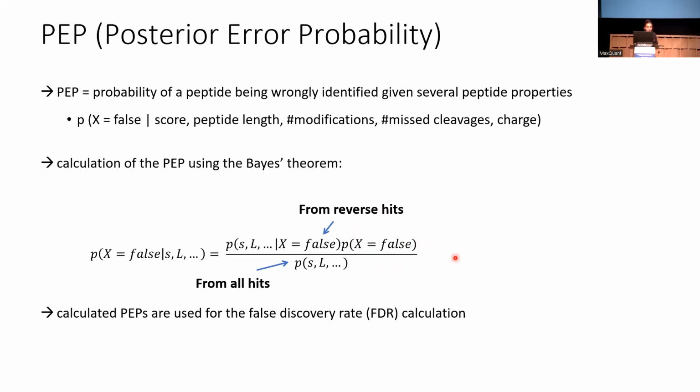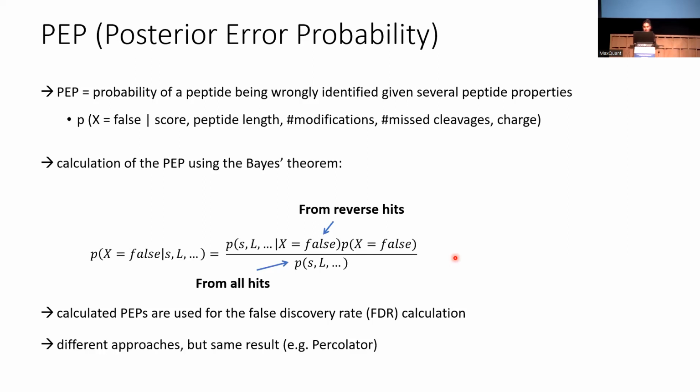So we don't actually even calculate that. So now we have calculated the PEP score for the identifications, and we are going to use this score to do the FDR calculation, not the Andromeda score.